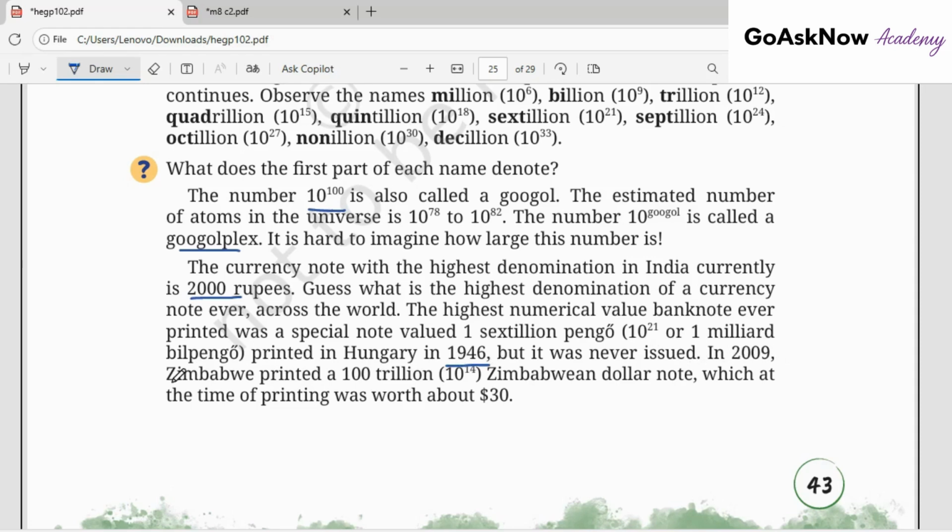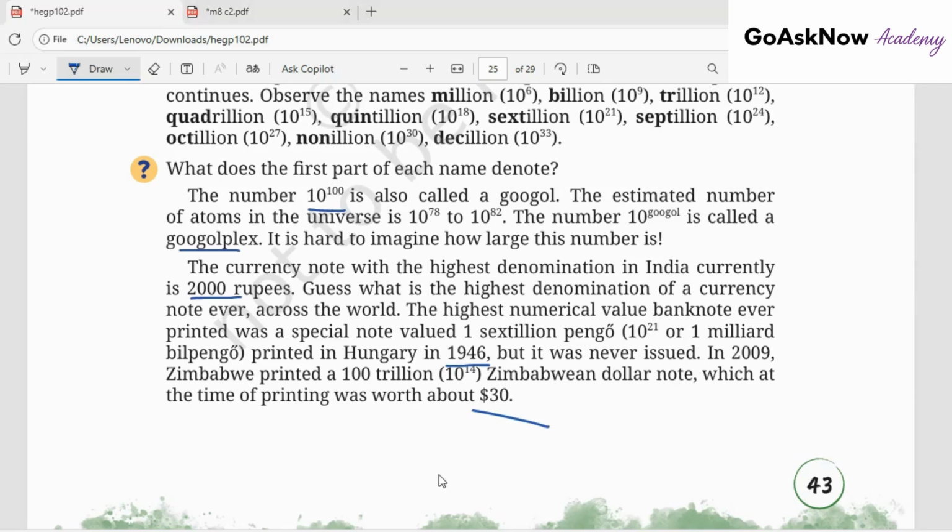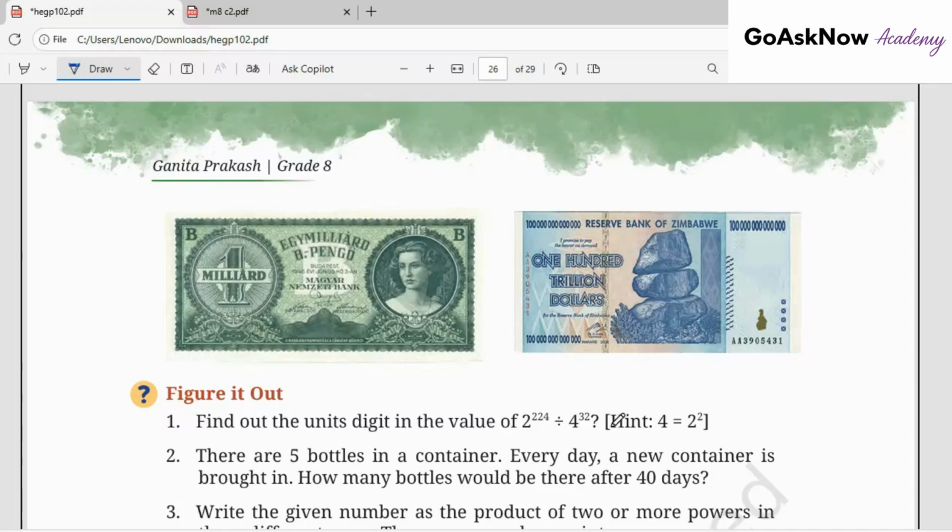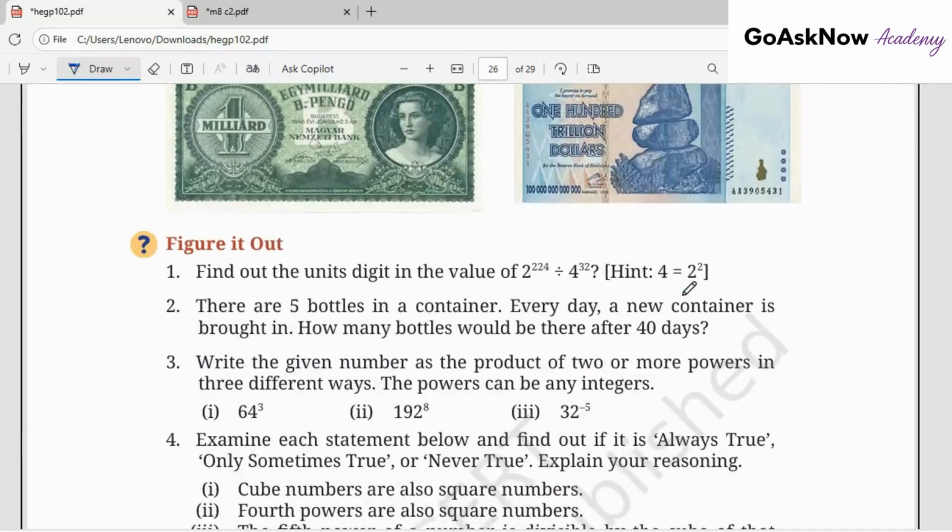In 2009, Zimbabwe printed a 100 trillion, 10 power 14, Zimbabwe dollar note, which at the time of printing was worth about $30. Here, this is the 1 milliard note and the 100 trillion dollar note.